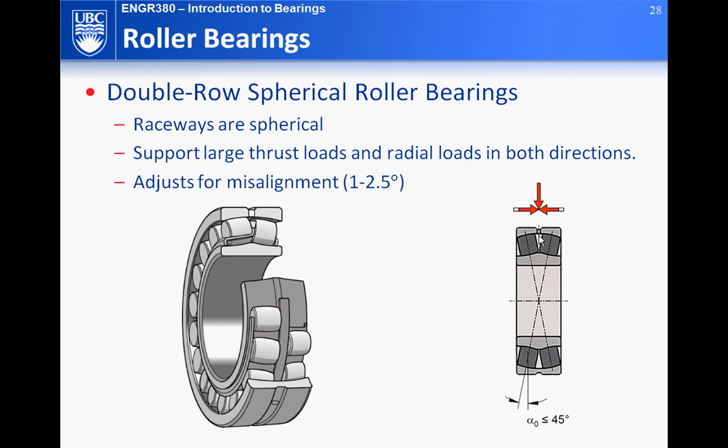For the double row, it can take two directions of axial load, plus the radial load. The best characteristic of the double row is that it has a pretty good adjustment for misalignment here. Up to 2.5 degrees, so that's pretty high.